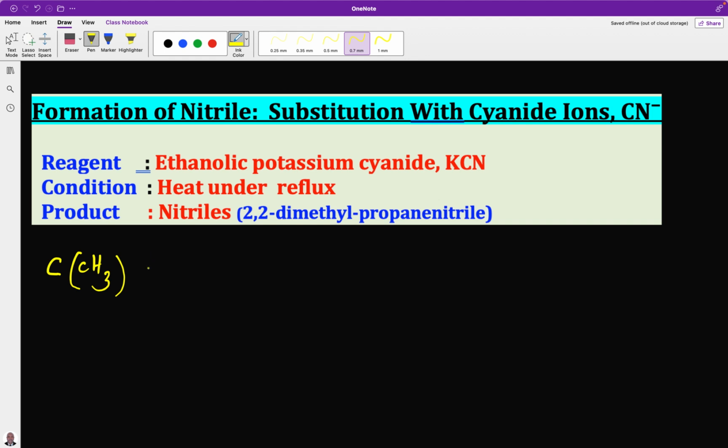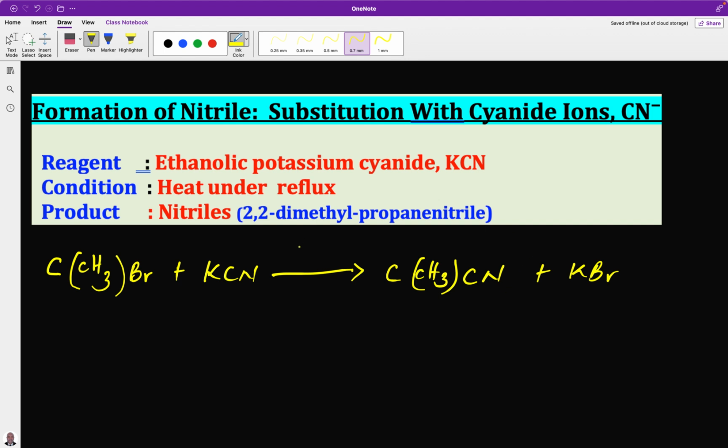If this tertiary halogenoalkane is heated with ethanolic potassium cyanide under reflux, what happens? A nitrile is formed.